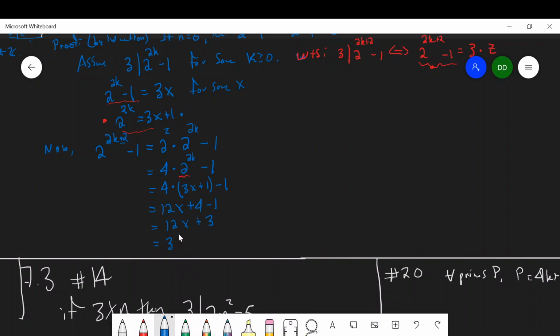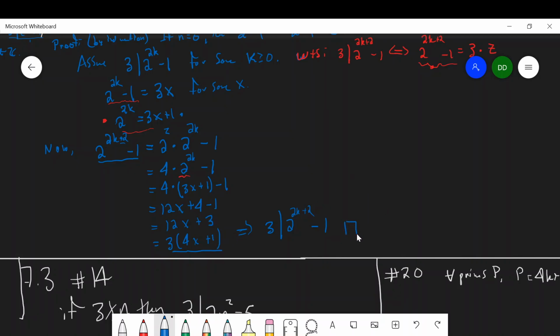This is 3 times 4x plus 1. And so that implies then that 3 divides 2 to the 2k plus 2 minus 1, because I have this guy, 2 to the 2k plus 2 minus 1, written as 3 times some integer. And I know this is an integer because x is an integer.